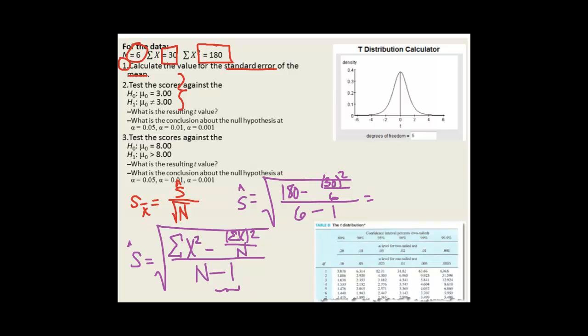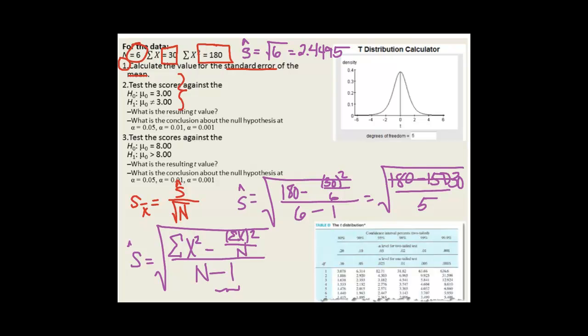If you work that out, you get the square root of 180 minus 150, all over 5. The top becomes 30, and 30 divided by 5 is 6. So s hat is the square root of 6. You can work that square root out, and it comes out to be 2.4495.